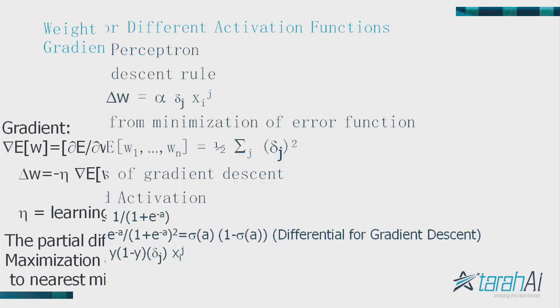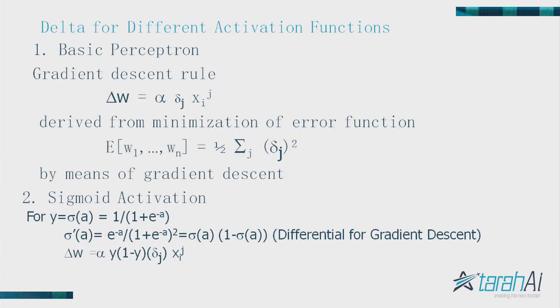I don't expect you to know the full formula, but just keep in mind that if it is linear, it's going to be based on applying that on the linear equation. If it is sigmoid, it's going to be applied on the function here. But for the people who are interested in going to the next level of detail, you can work out the calculus here. This is the function.